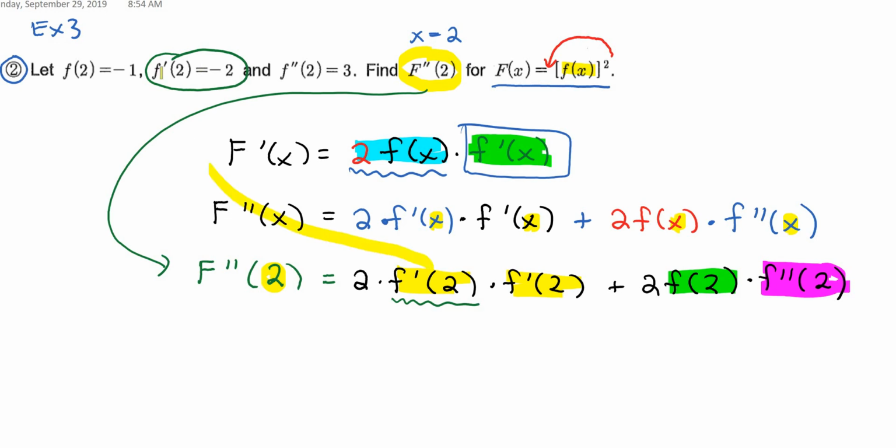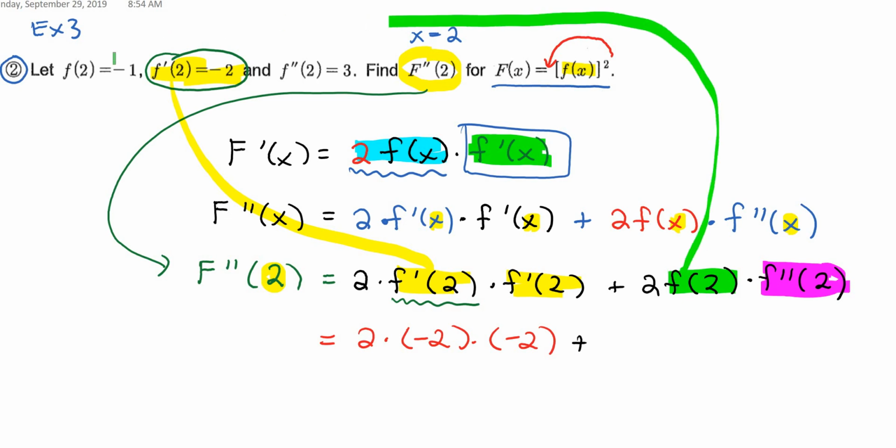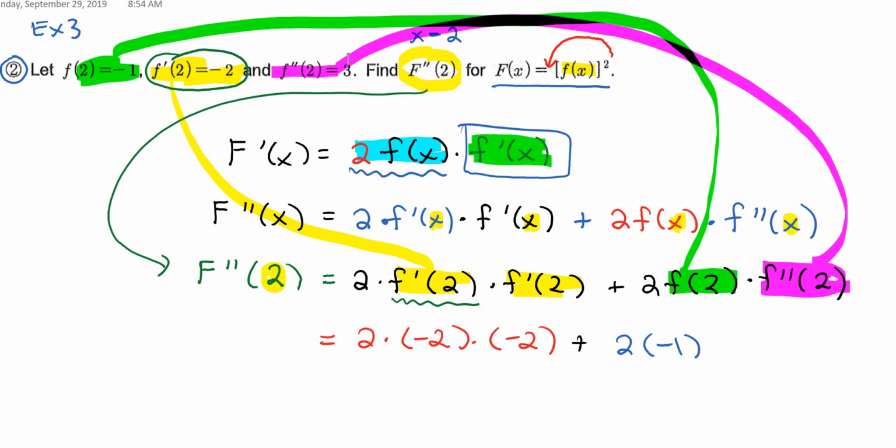So if I follow this up, I can now write 2 times negative 2 times negative 2, and then plus, well, what's f of 2? If I follow the colors back to the original problem, f of 2 is negative 1, so now I have 2 times negative 1, and f double prime of 2 is this guy over here, which is going to be 3. So this will be 3.